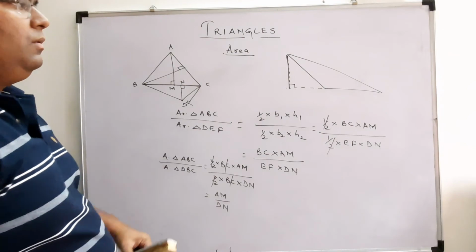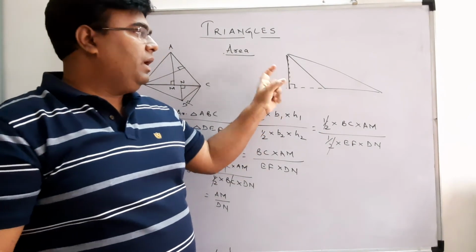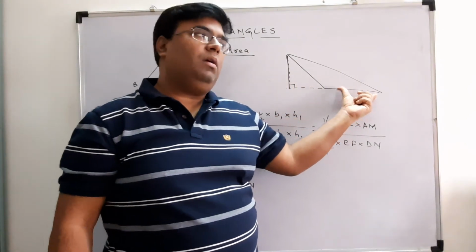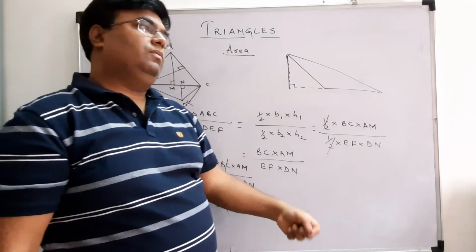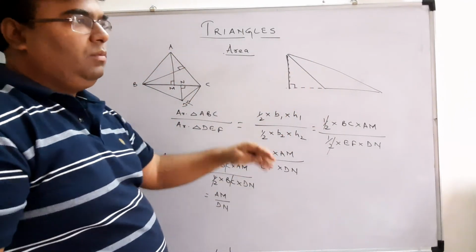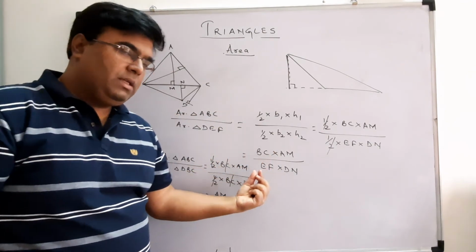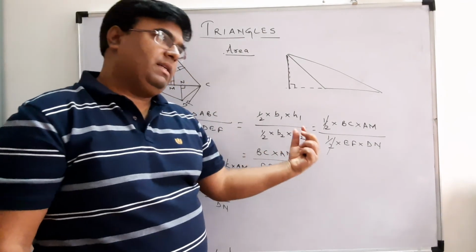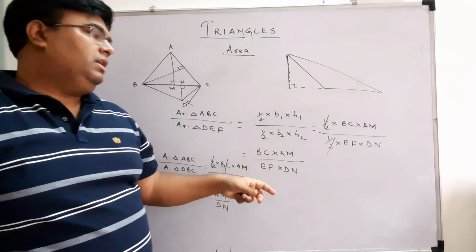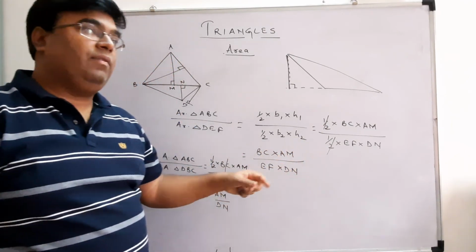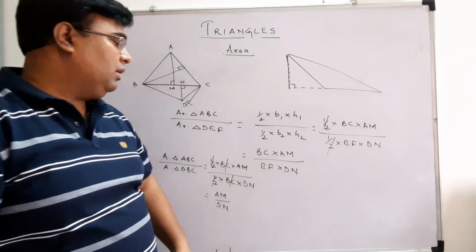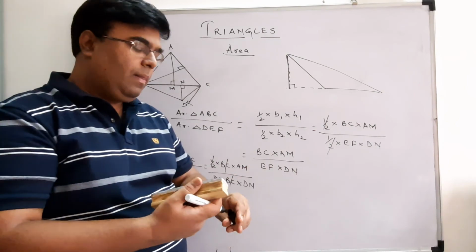So height is basically perpendicular to the base, and it can be outside the triangle also. So remember these three formulas. Ratio of area is the ratio of bases multiplied by the ratio of heights, and if the base is common, then it is equal to the ratio of heights, and if heights are equal, then it is always equal to the ratio of bases.